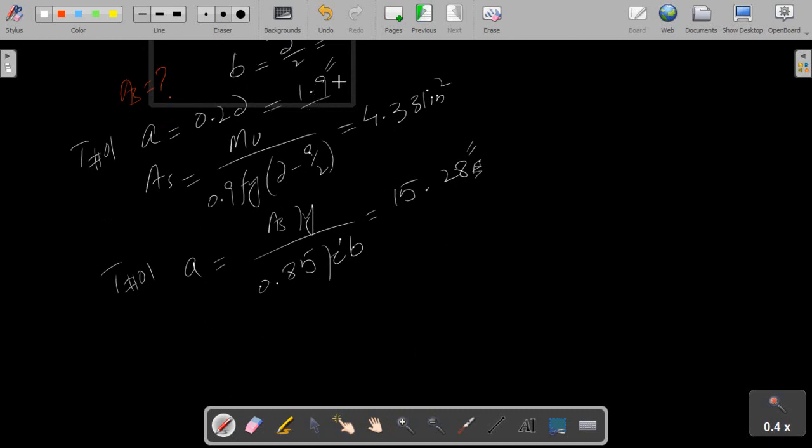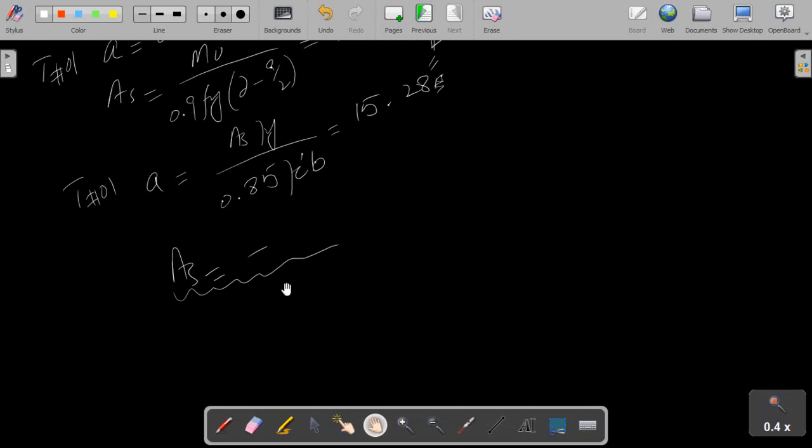It gets increasing. If you see here, I'm calculating the area of steel again. This time if I calculate the area of steel for this value, you will see it will result in a negative value. So what does it mean? This point is very important, and that's why I'm using this calculation, because I see so many students make this mistake.